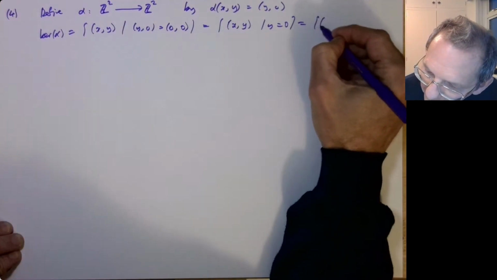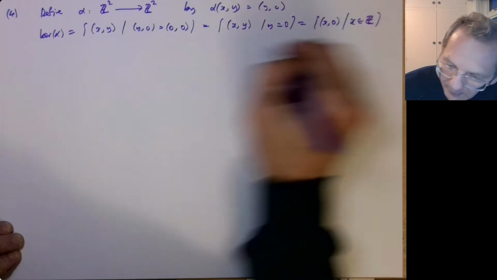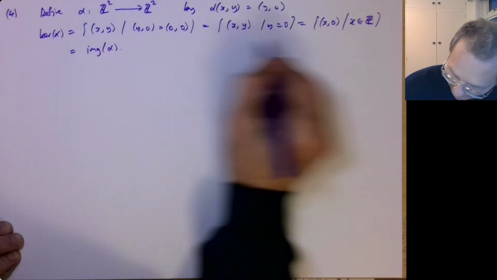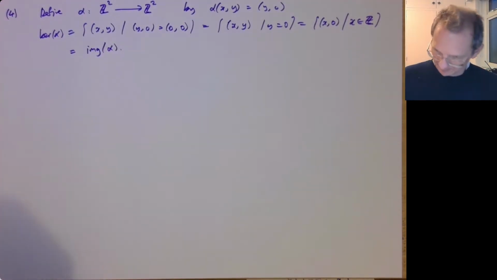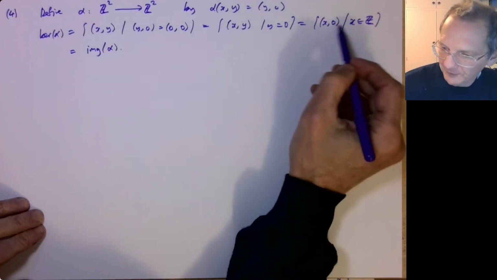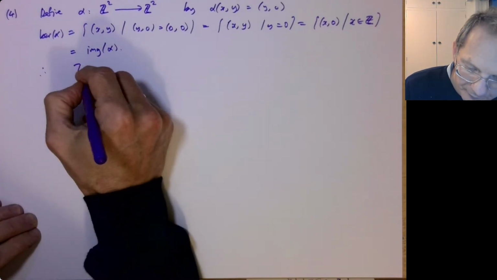So that's the set of pairs (x, 0) for which x is in Z. But that's obviously the same as the image of alpha, because alpha of (x, y) is (y, 0), so everything of the form (something, 0) is in the image. So we do this.